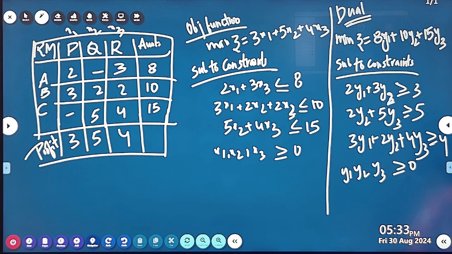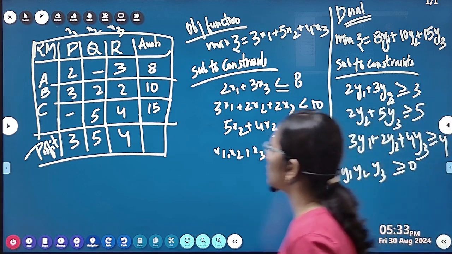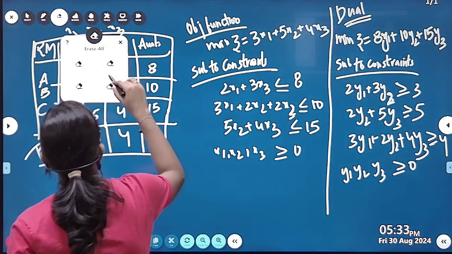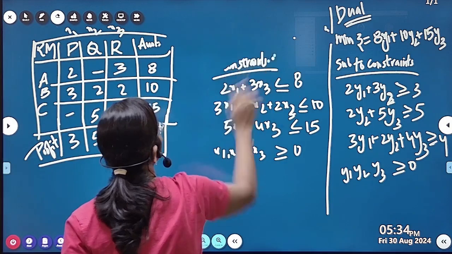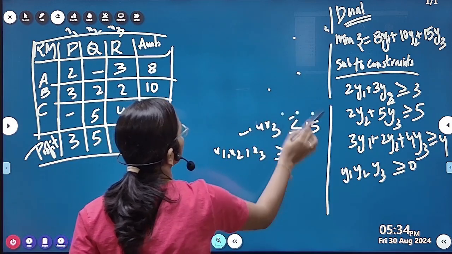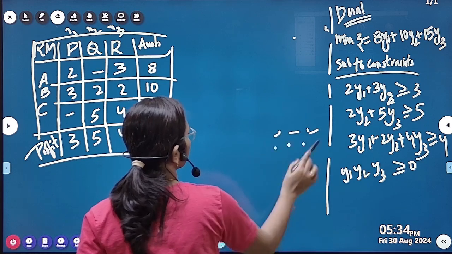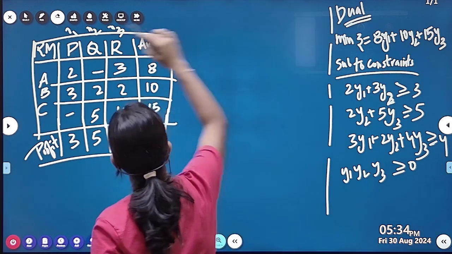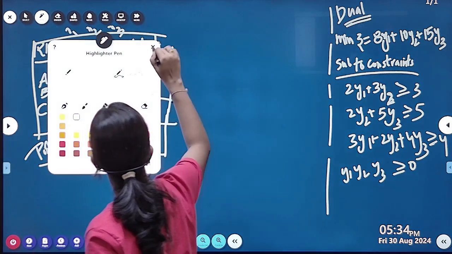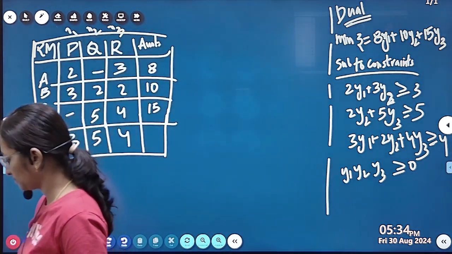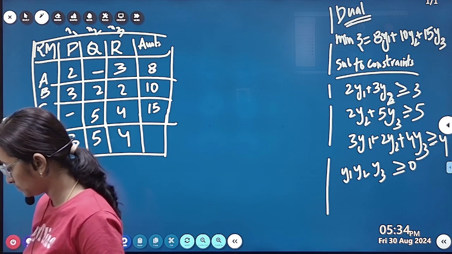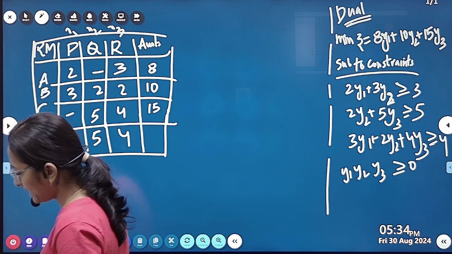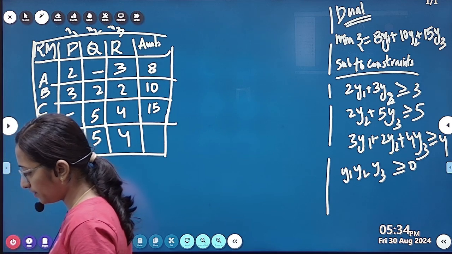Chalo, let us solve it. This S1, S2, S3 they have put, right?